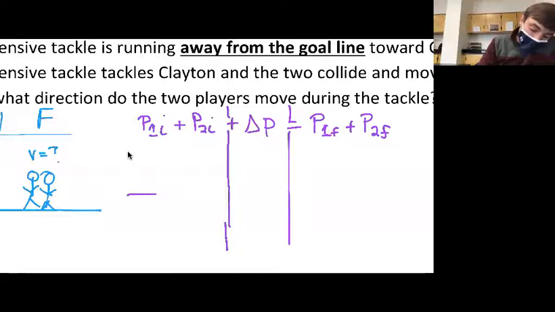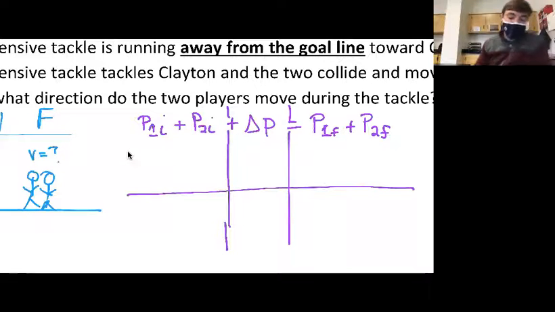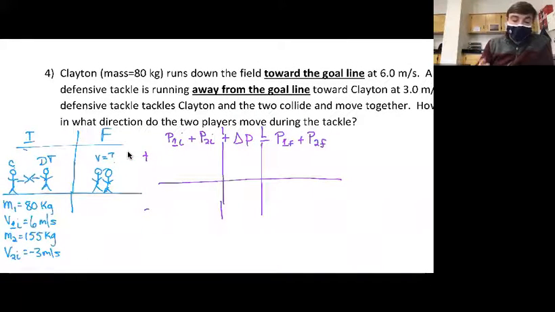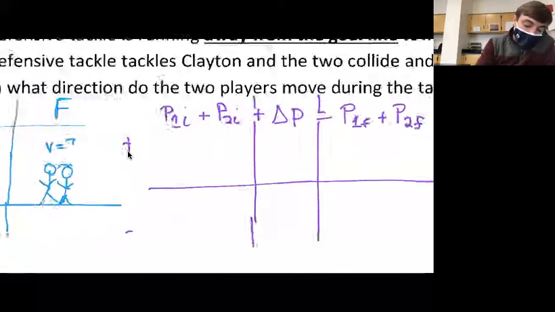I want to put that a little farther down. Make a positive and negative side. And then start to fill in values. What I'm really doing initially is filling in the momentums. You guys know by now that momentum is mass times velocity. I'm not going to do all this math out for you. Mass 1 is 80 kilograms. Velocity 1 is 6 meters a second.